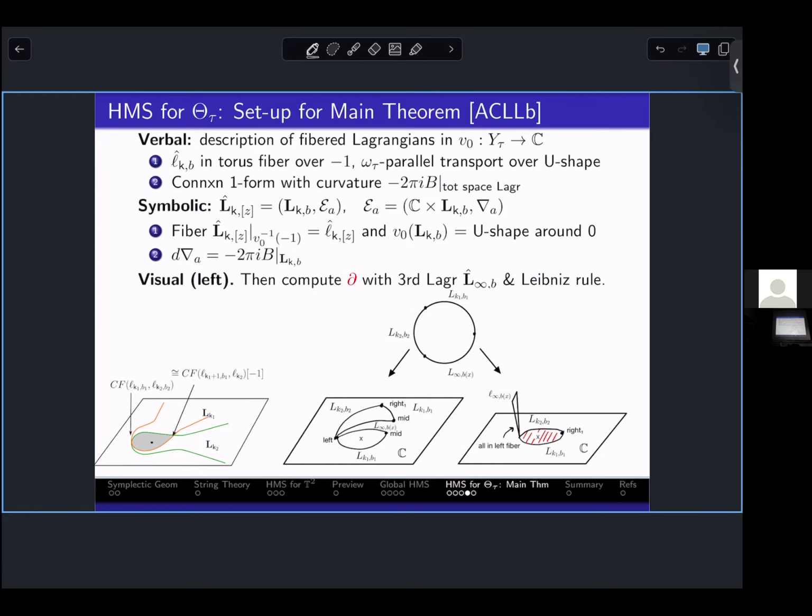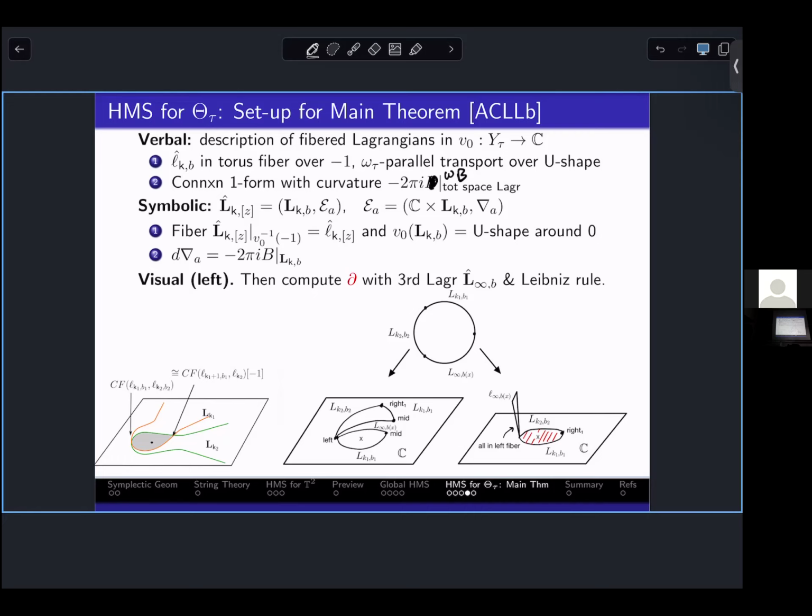You parallel transport them over a U shape. That gives you your Lagrangians in the total space. They also have to have a connection 1 form, but now the connection 1 form has to have curvature equal to this B. Sorry, B is a matrix, and this is the symplectic part, the 2 form.